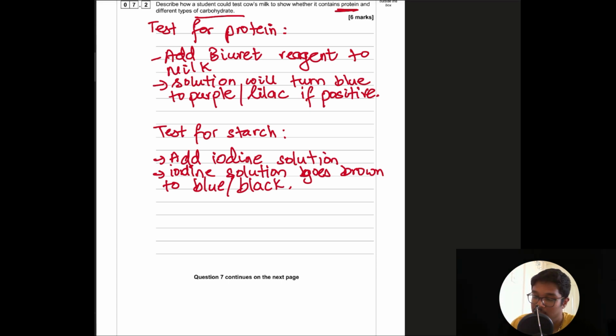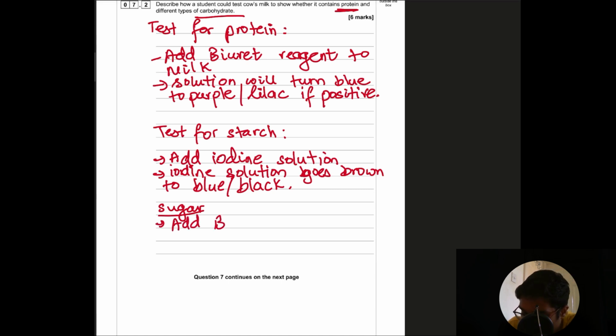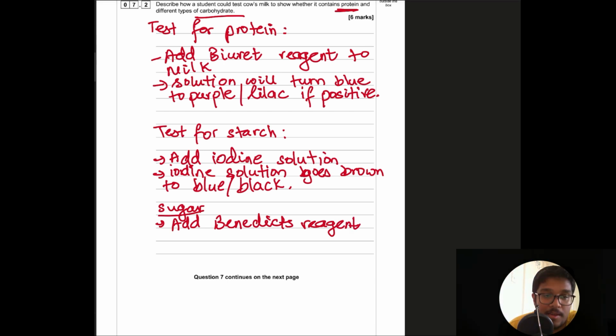And then for carbohydrate, so for example sugars, if you're doing A level, this will be called reducing sugar. You'll add Benedict's reagent, and then you would boil or heat at higher temperatures.